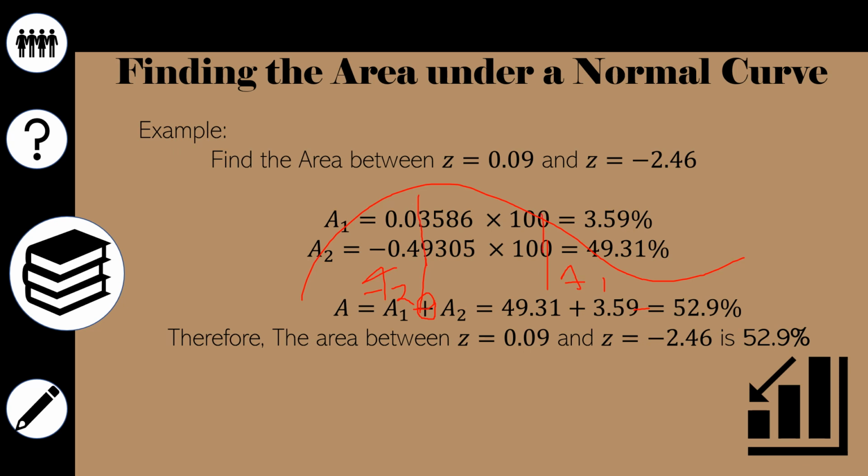So that means we add these two. We add these two areas. 39.31 plus 3.59 is 52.9%. Therefore, 52.9% is the total area between 0.09 and negative 2.46.